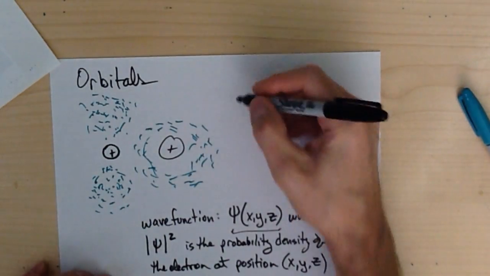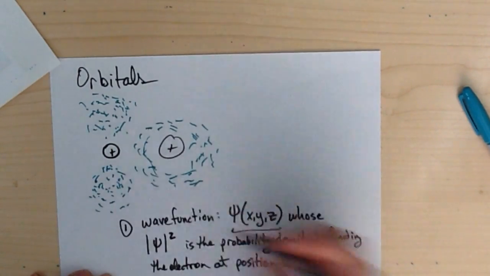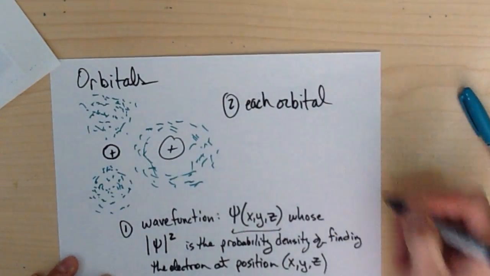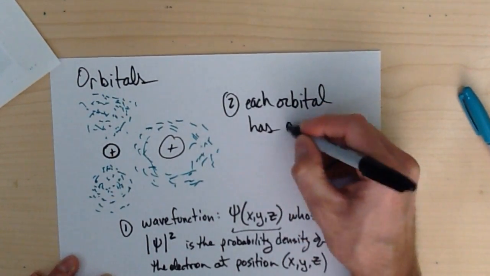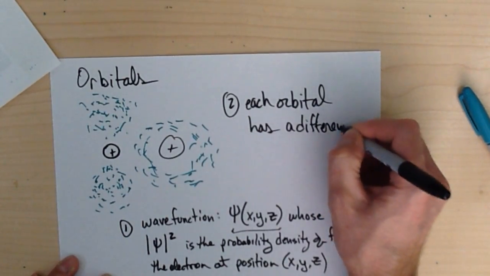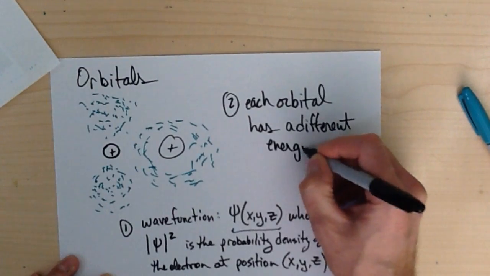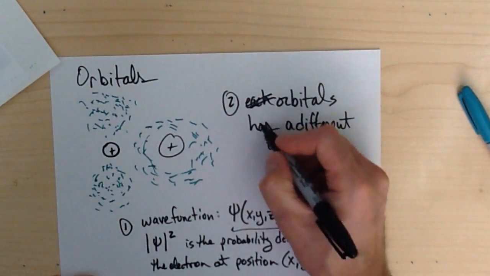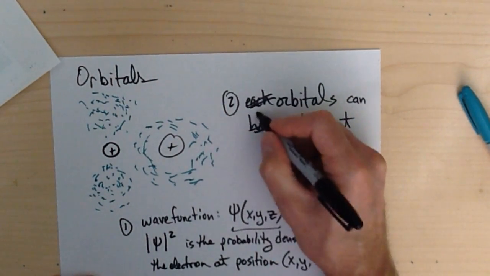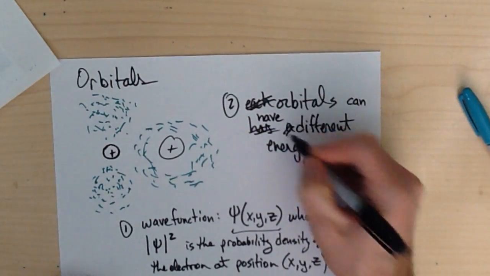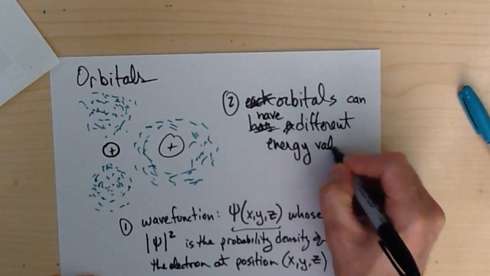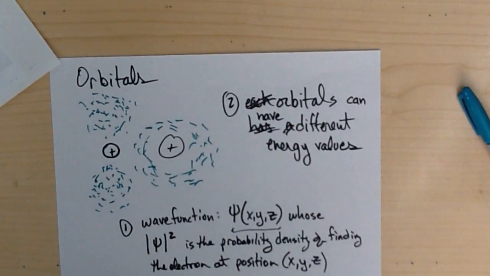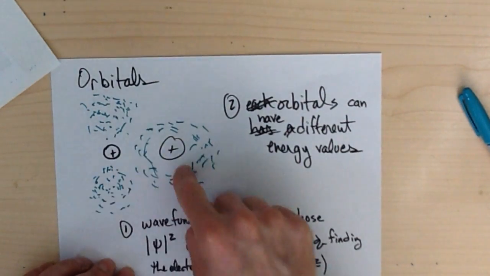And it turns out that each orbital, so this is, I guess, point 1, and then point 2, can have different energy values and characteristics depending on their shape as well. All right, so there can be different energies for each of these orbitals in general.